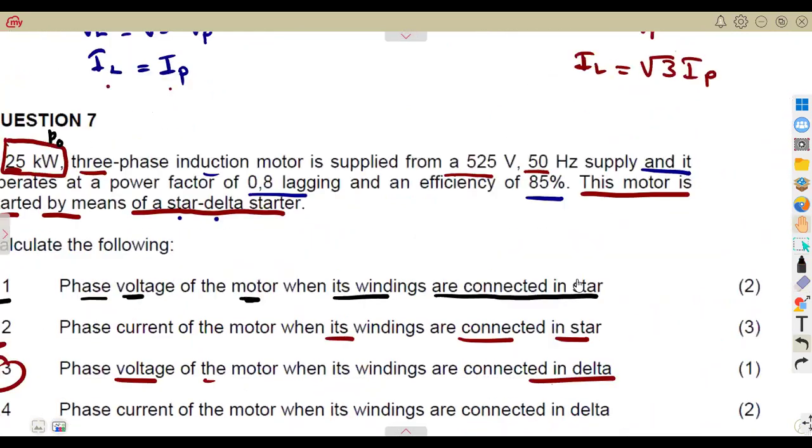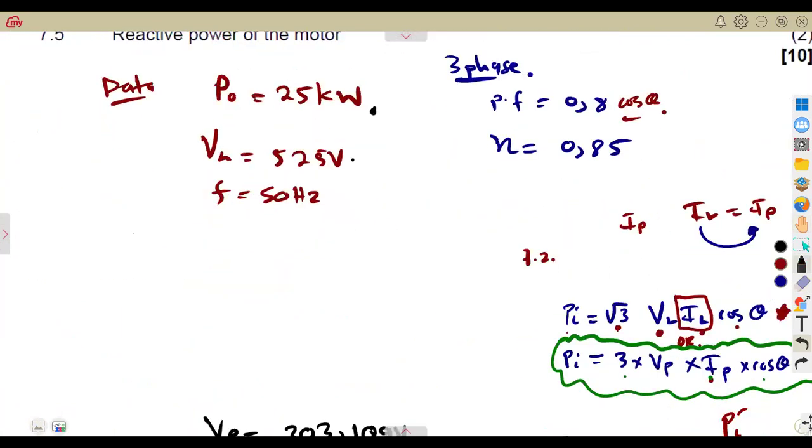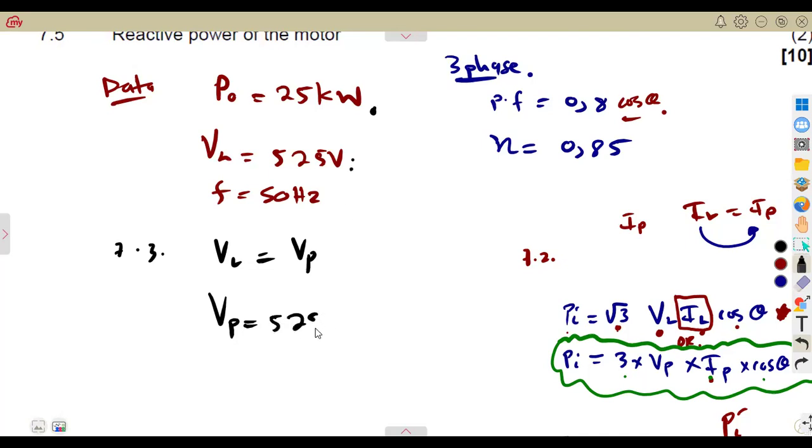So our line voltage of 525 is the same as our phase voltage. So that is what we're given in this case. So in 7.3, our line voltage and phase voltage are the same, which means our phase voltage is simply going to be 525 volts. This is the condition of a delta connection.